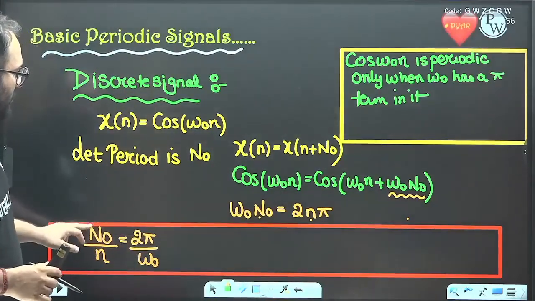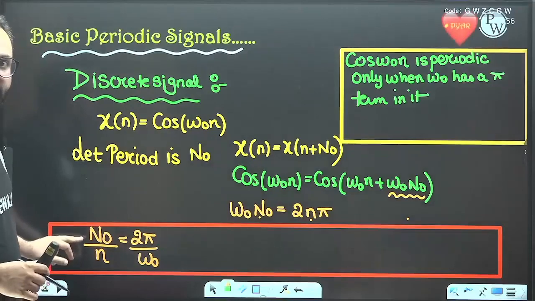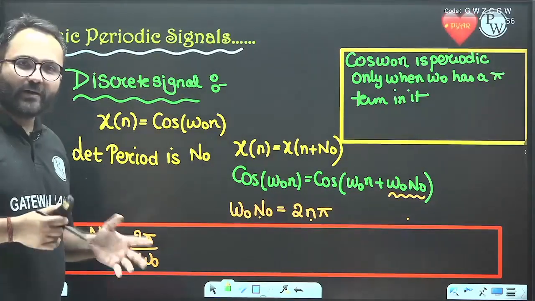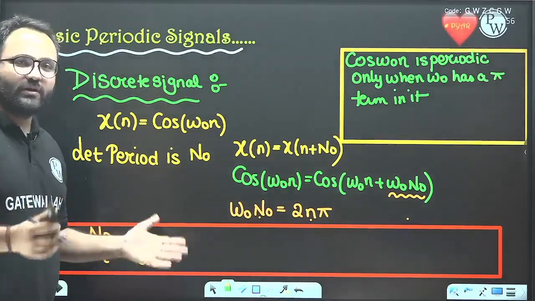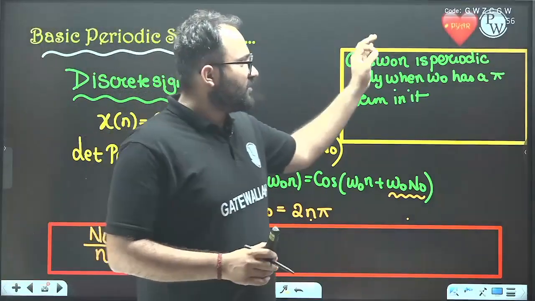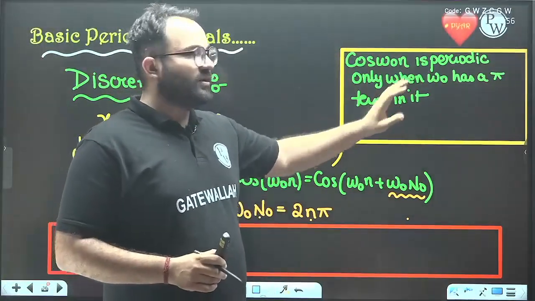N naught, the left hand side, is integer upon integer, which can be equated to integer upon integer only. So cos omega naught n is periodic only when omega naught has a pi term.